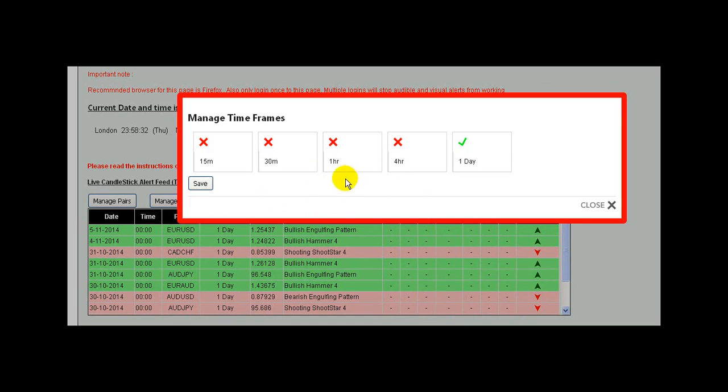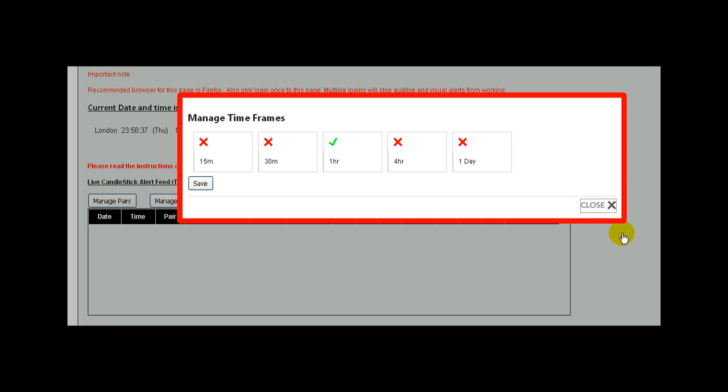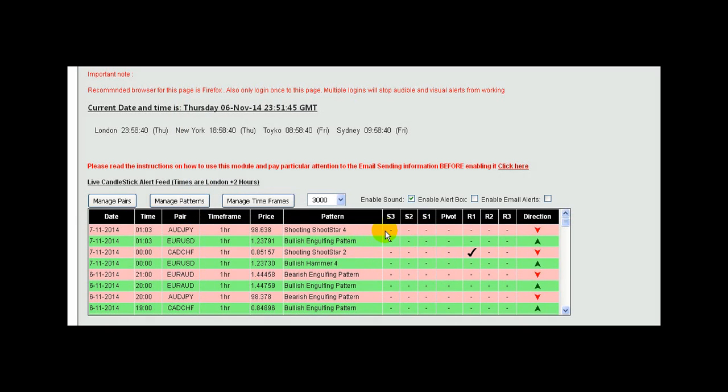If you just want to see, I don't know, perhaps 1 hour, you can do the same just there. So that's just 1 hour candlesticks. So it's a great way to backtest as well using this module.